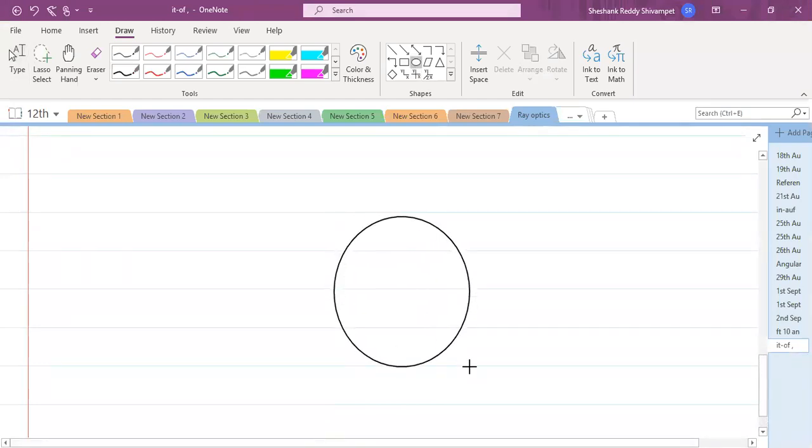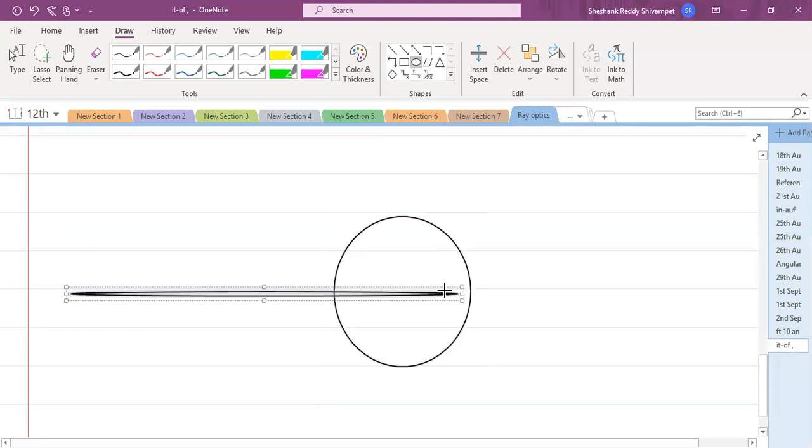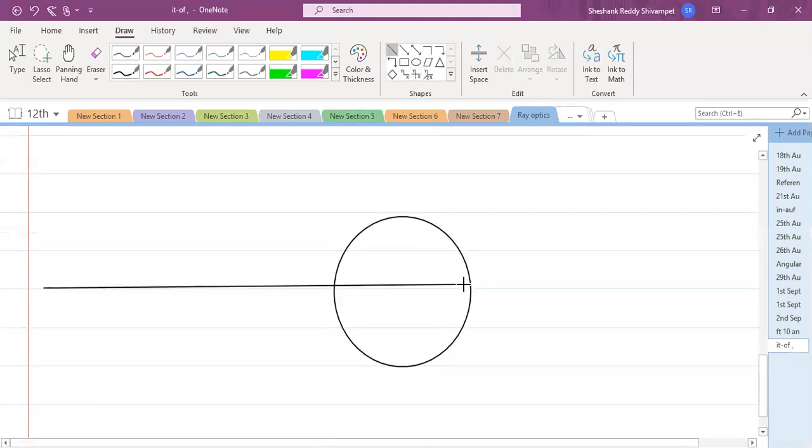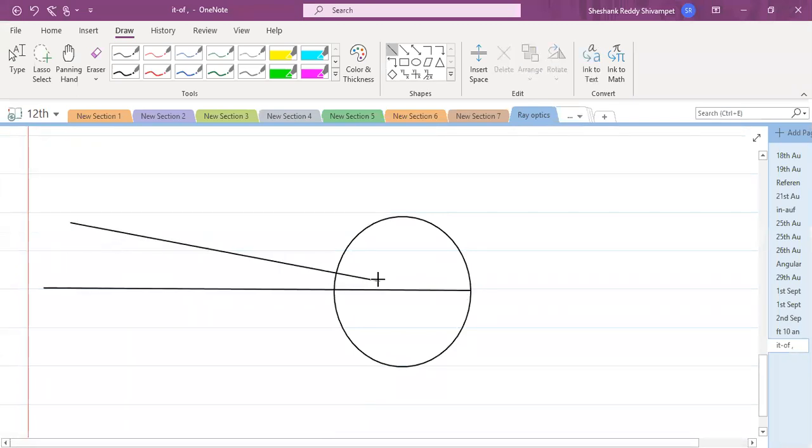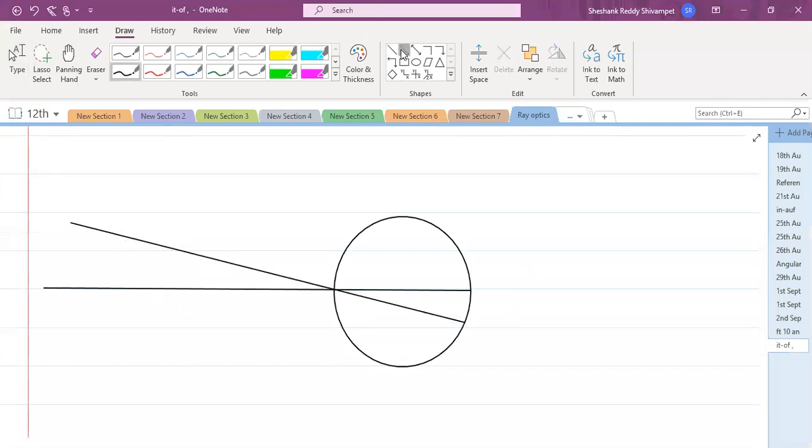If this is the eye, मान लो ऐसा eyeball हो गया. Okay, suppose this is, you'll have a lens there also, right? Now let's suppose I take two objects here. One is this, the other is this.